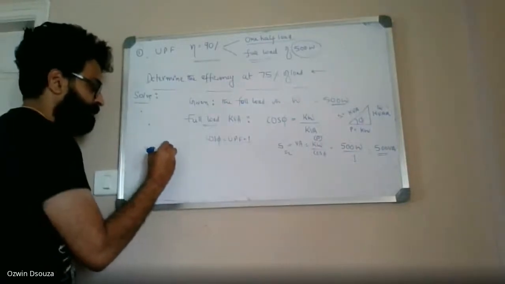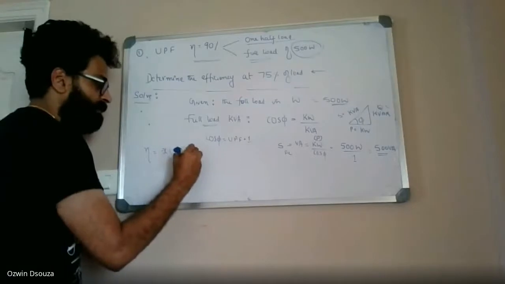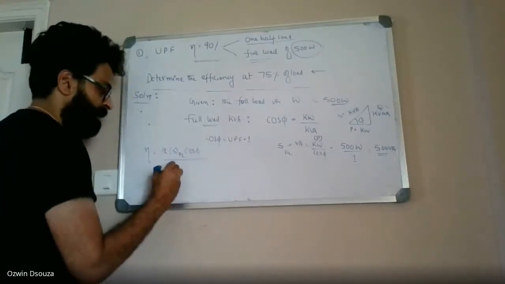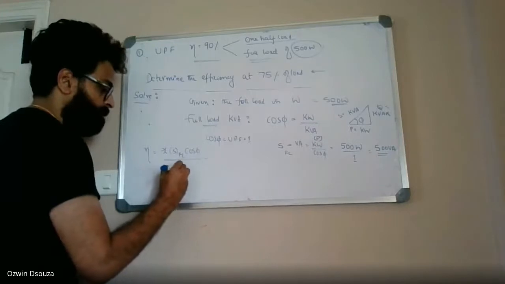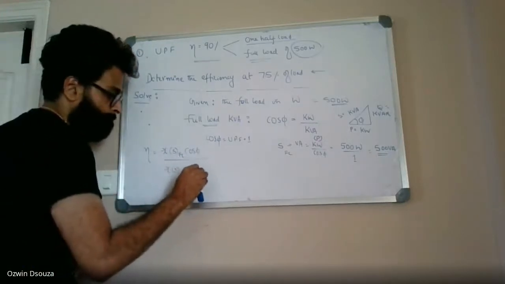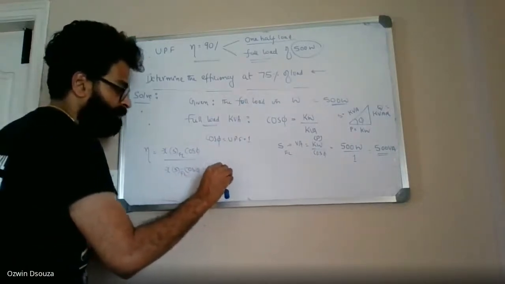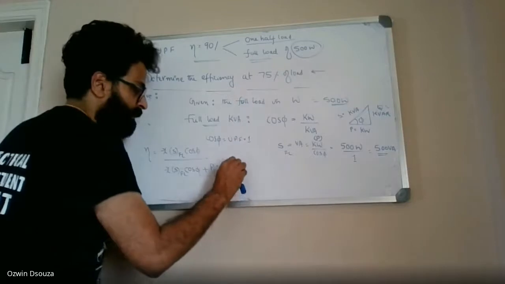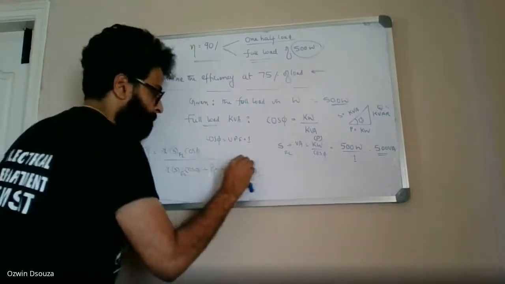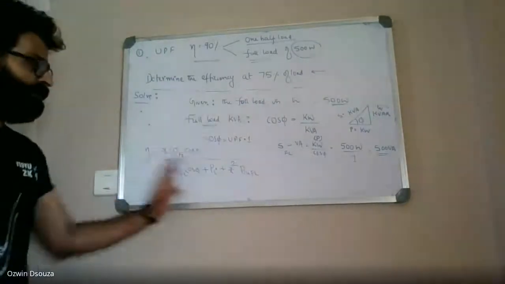Eta is equal to X into S_FL cos phi divided by X into S_FL cos phi plus iron loss plus X square times P_Cu full load. Okay, so this is your expression.